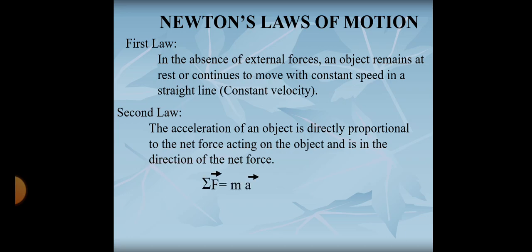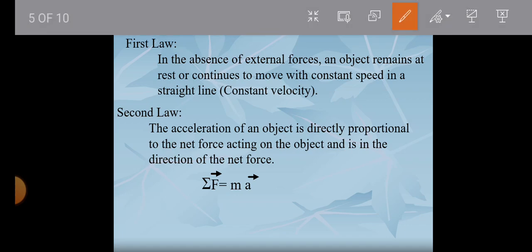Newton's laws of motion. There are three Newton's laws of motion that you need to understand. The first law is called the law of inertia. It states that in the absence of external forces, an object remains at rest or continues to move with constant speed in a straight line, that is, a constant velocity.